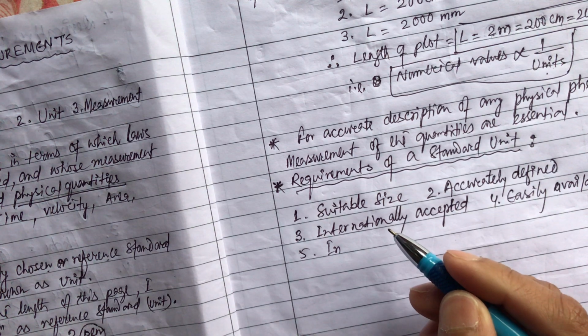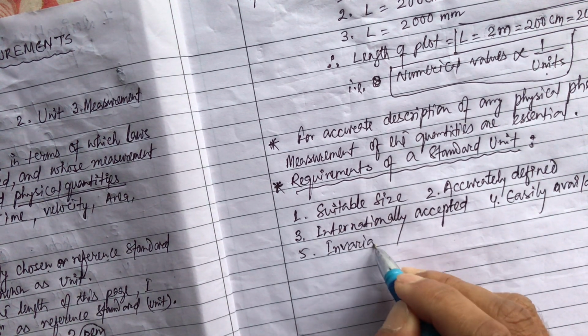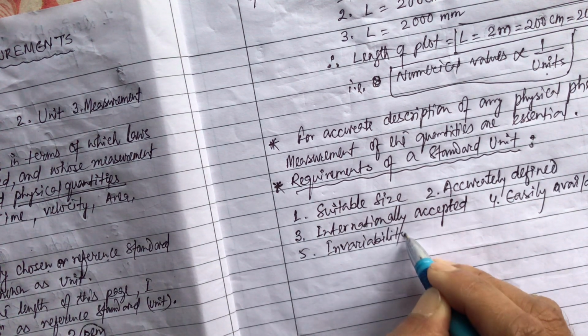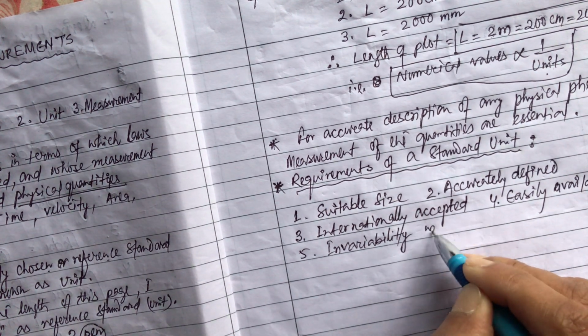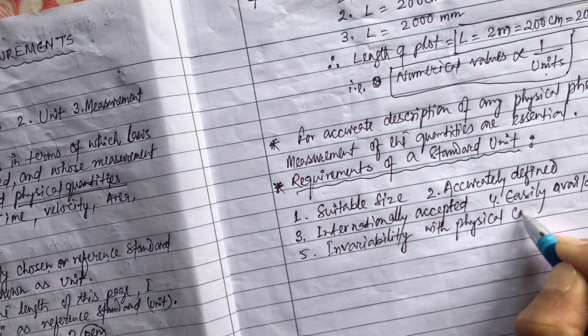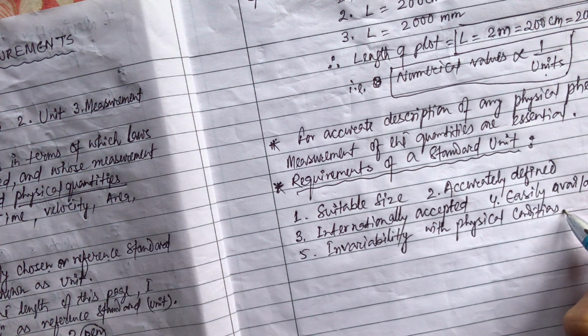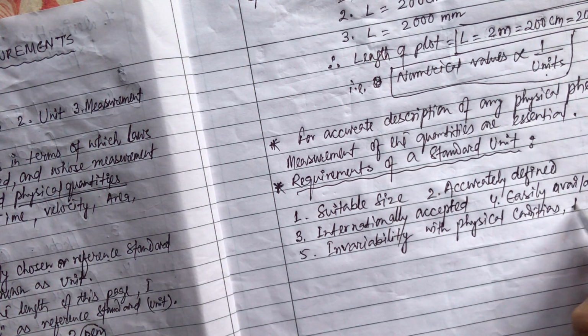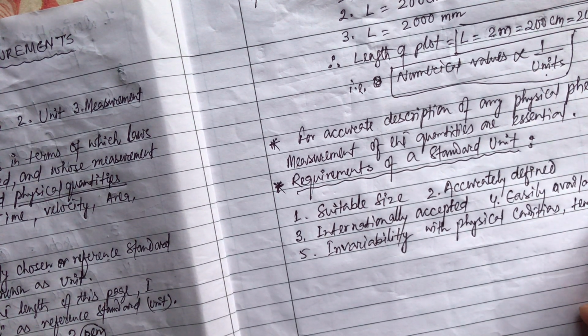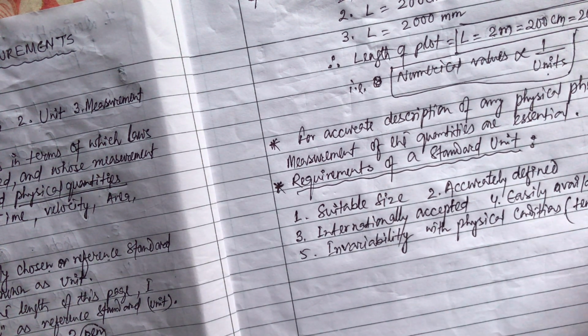Invariability, so it should not change, invariability with physical conditions. So what are the physical conditions? Physical conditions like temperature. It should not vary with temperature. It should not vary with pressure.